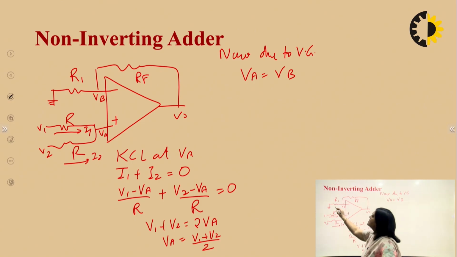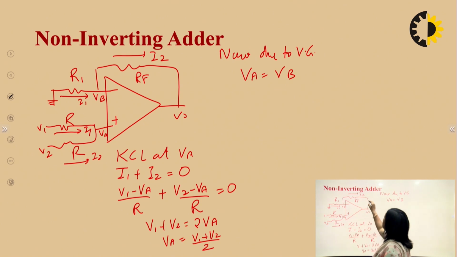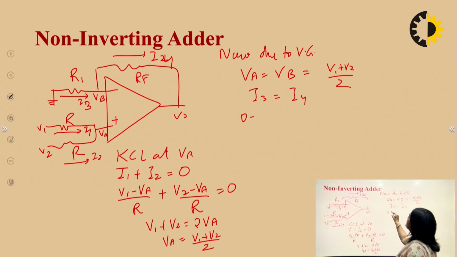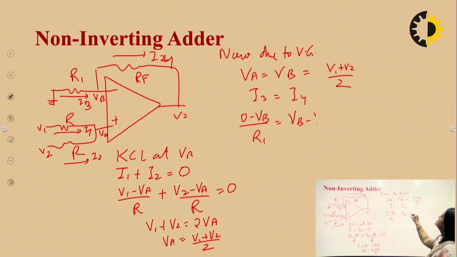And an ideal op amp does not draw any current, so this current I1 is equal to I2. We can call them 3 and 4, so I3 is equal to I4. I3 would be equal to 0 minus VB upon R1, and this will be VB minus V0 upon RF.